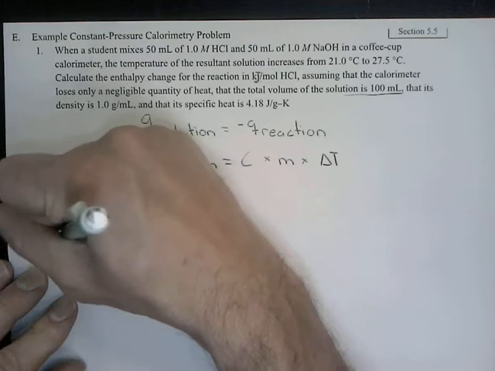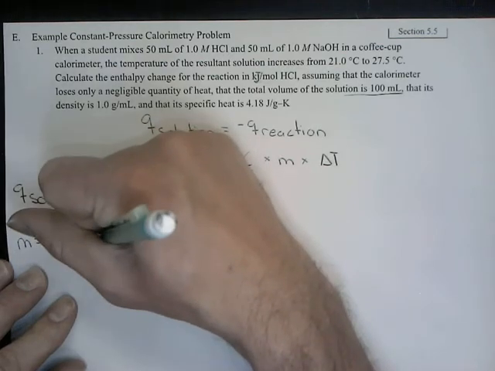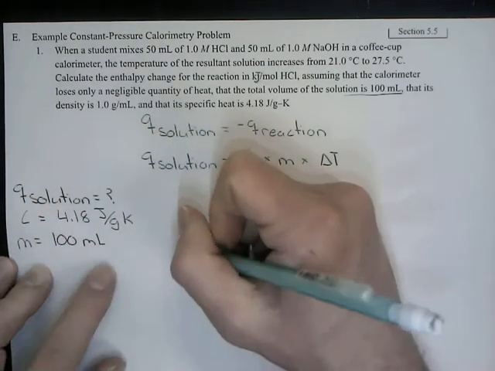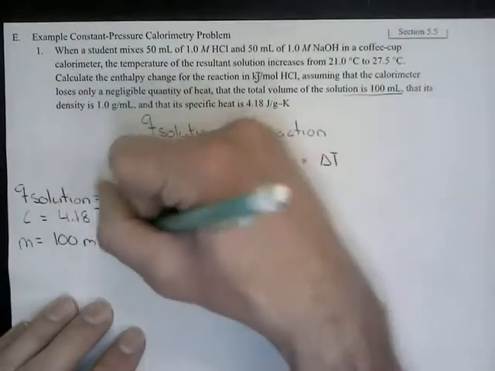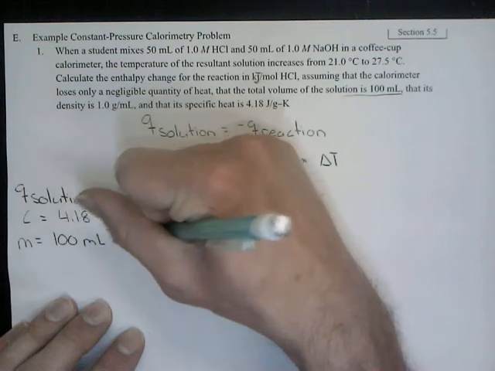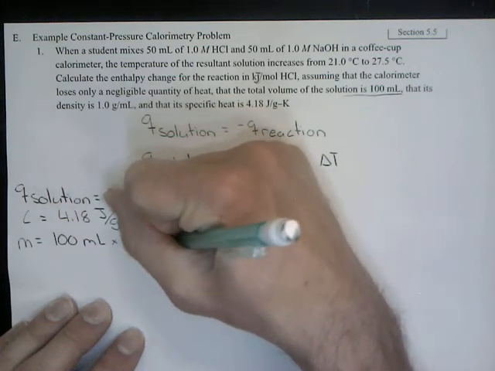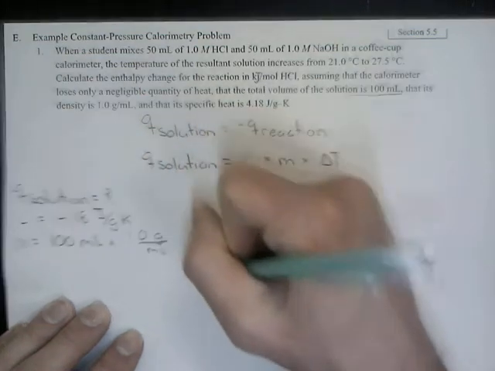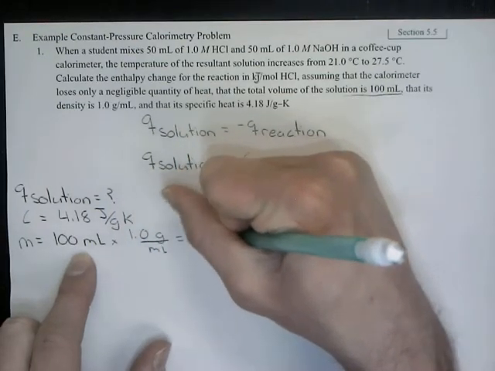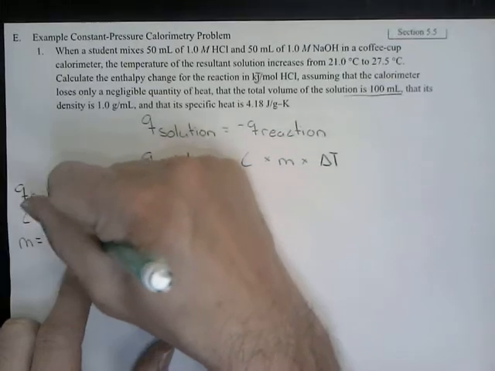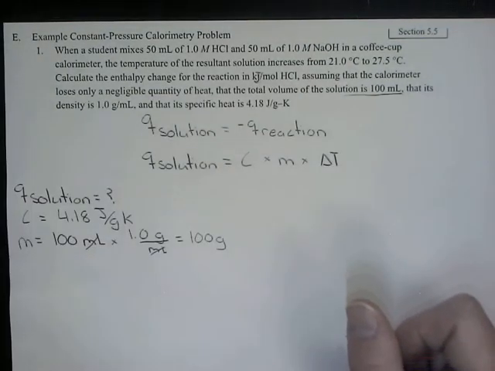So if we have 100 milliliters times the density of 1 gram per milliliter, we can do this in our head. 100 times 1 is 100 grams of our solution. So that makes it easy.